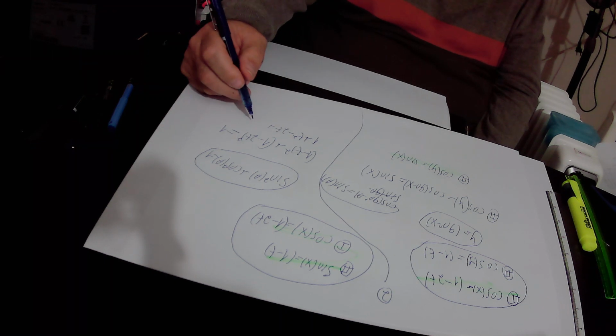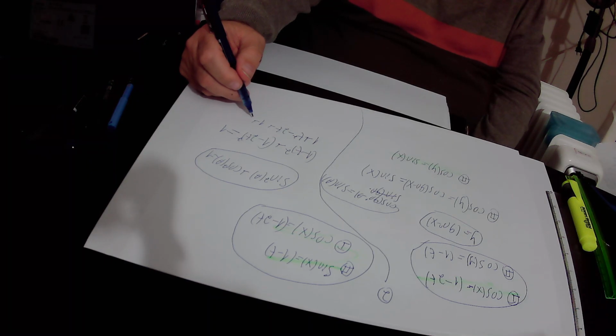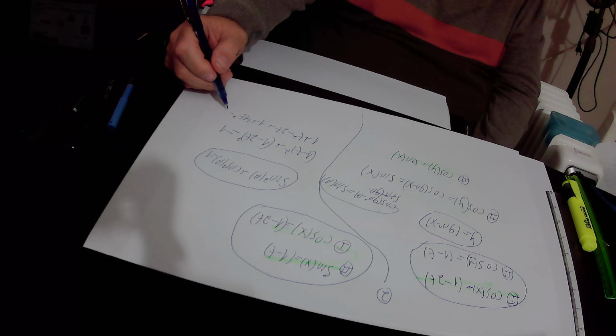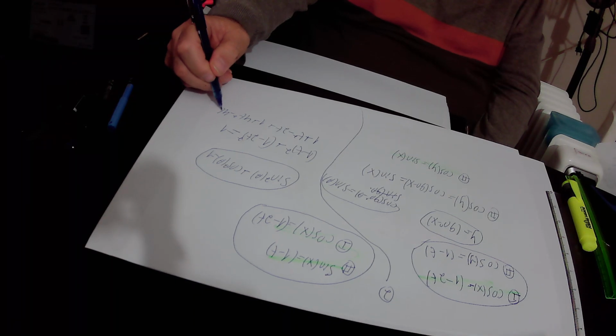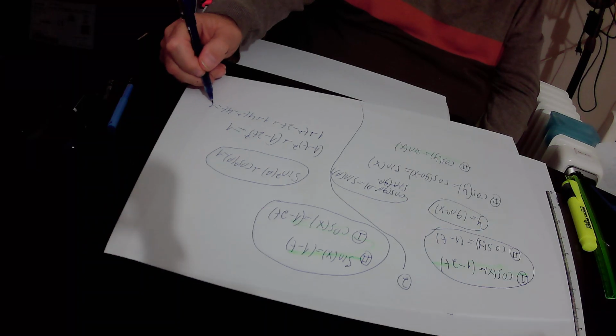Plus (1 minus 2t) squared equals 1 squared, that is 1, plus 2t squared, that is 4t squared, minus 2 times 2t, which is minus 4t, and this is equal to 1.